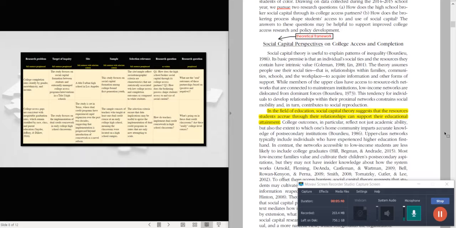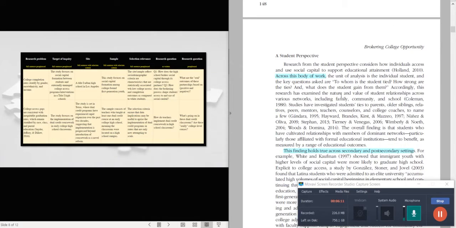So again, you can see these topic sentences helping the reader. In the field of education, social capital theory suggests that the resources students accrue from their relationships can support their educational attainment. Does that now make it clearer? It depends on where you're at. It may or it may not. Regardless, you do need to struggle to understand it if it doesn't make sense yet.